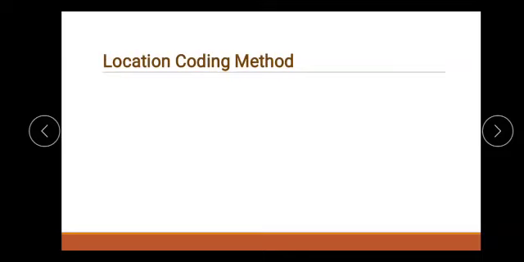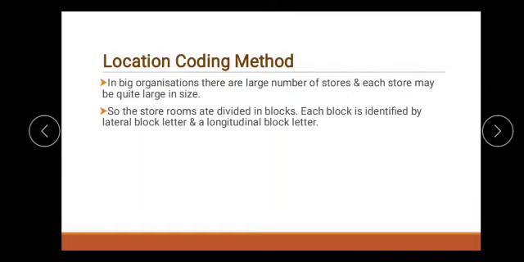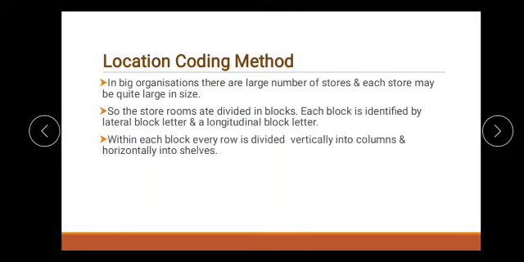Fifth, location coding method. In a big organization, there are a large number of stores and each store may be quite large in size. So, the storerooms are divided into blocks. Each block is identified by a lateral block letter and a longitudinal block letter.